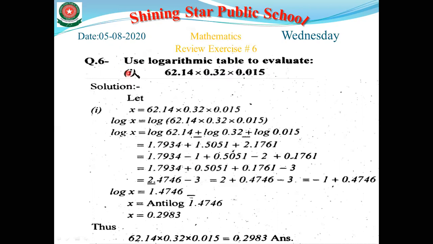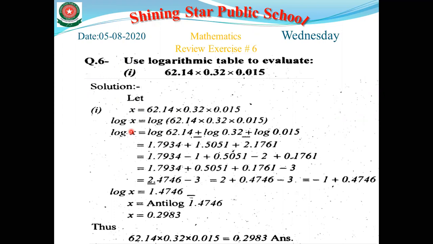Question number 6. So 62.14, 0.32, 0.015. So simply we can take the log. So let x equals to the number. Now take the log on the both hand sides.